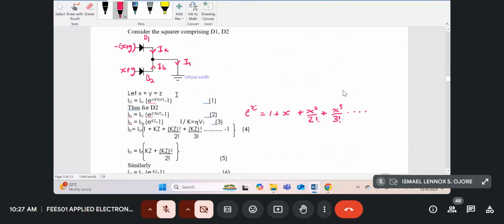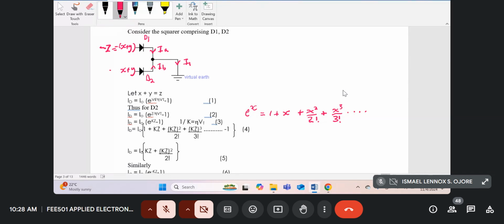And to make life easy, let x plus y be equal to a new variable z. So let x plus y be a new variable z. So it means for the top diode, this signal over here, I can call it minus z.